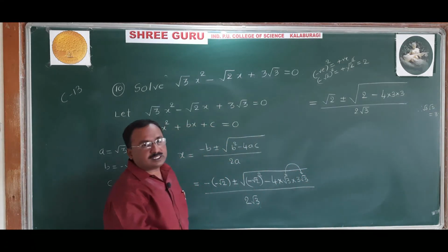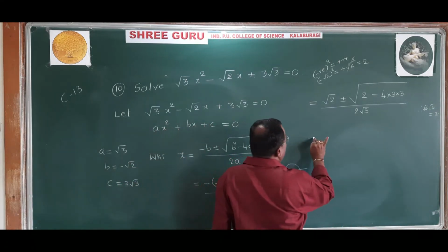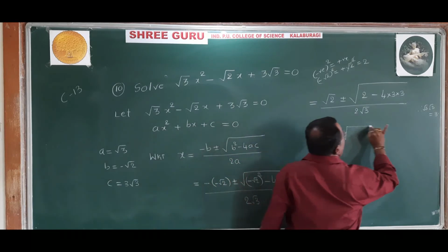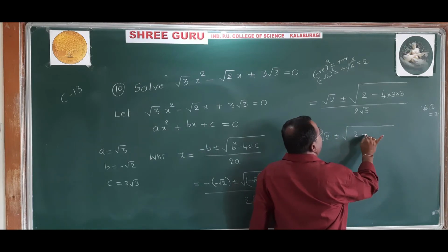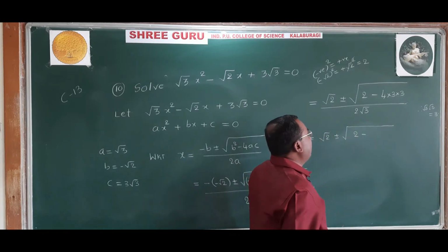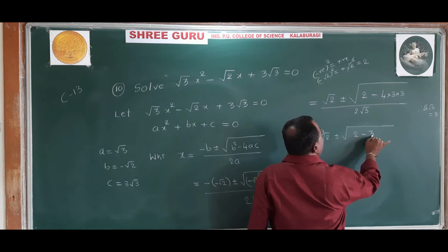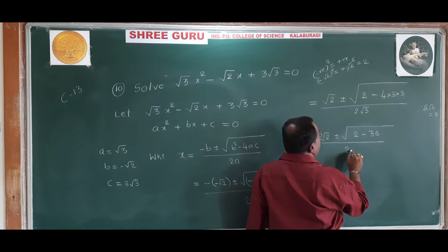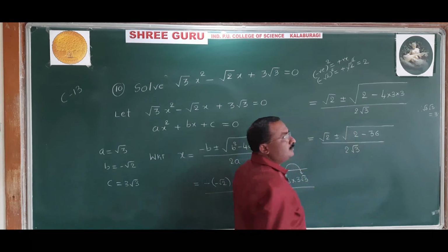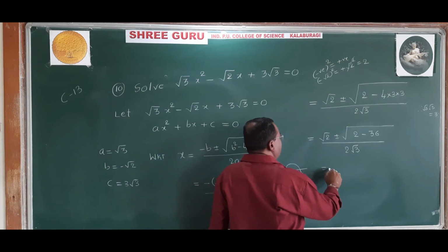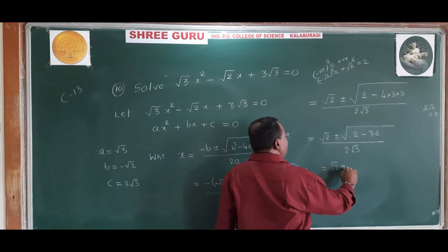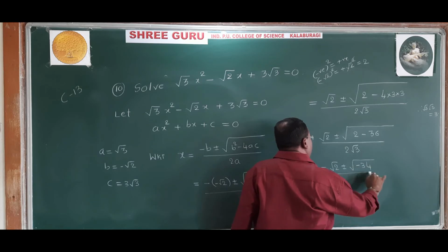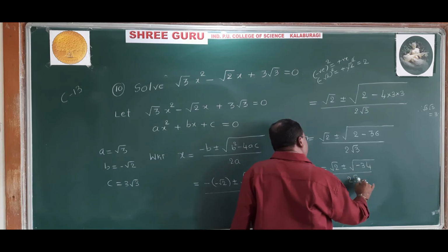Root 2 as it is plus or minus square root of 2 minus 4 into 3 into 3 is 36, so 2 minus 36 is minus 34, divided by 2 root 3.